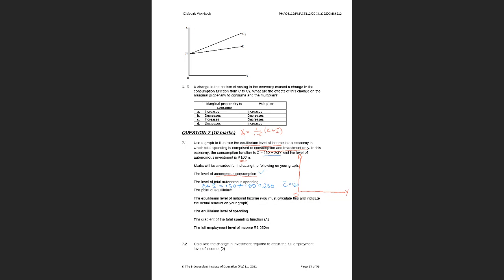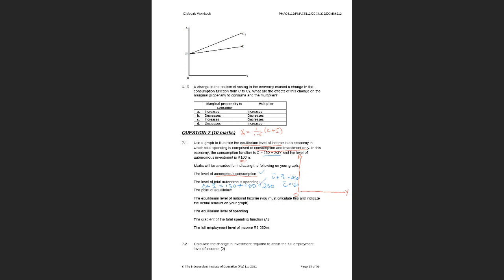Now we need to represent this on our graph, and we do so by adding the 100 here, and therefore we have 250, which is C bar plus I bar is equal to 250. Perfect. Now we're done with that.